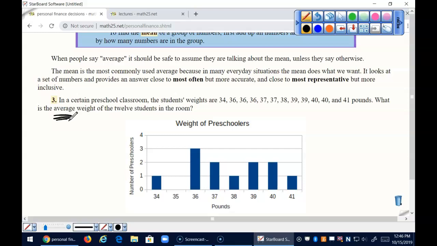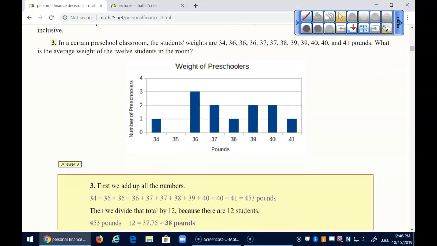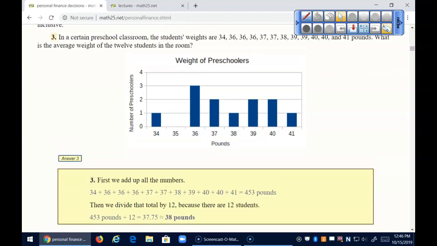Let's start with the total. When you add up all the numbers, 453, but I'm probably wrong. I'll cheat and go look at my little thing here. It is 453. And there's 12 preschoolers, so we get about 38 pounds.